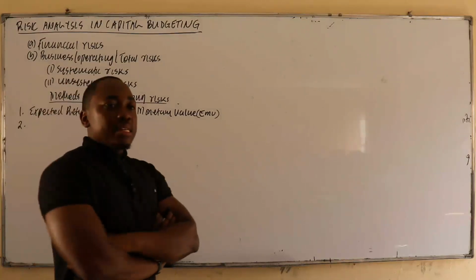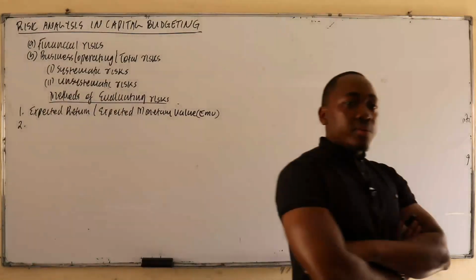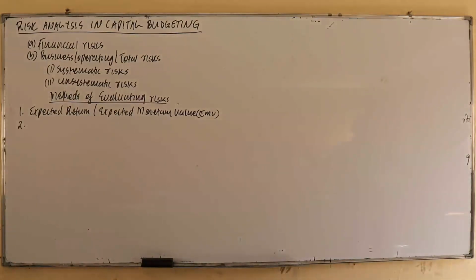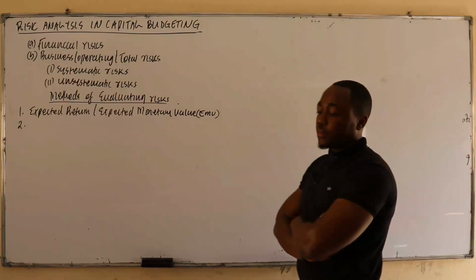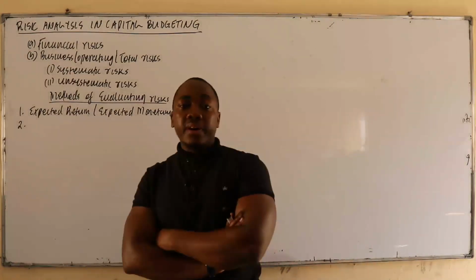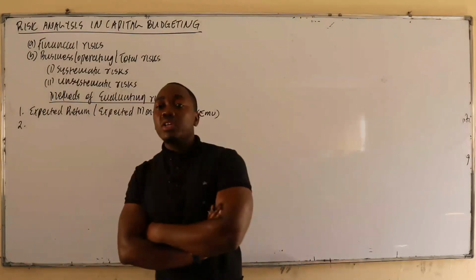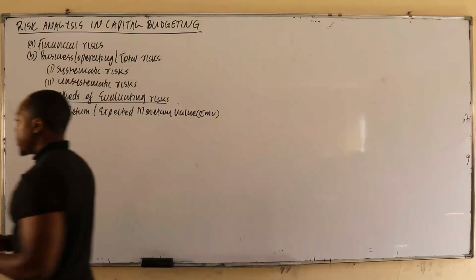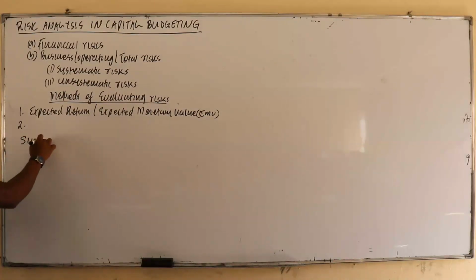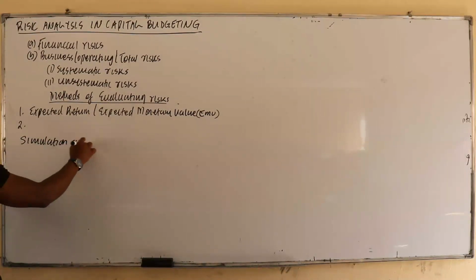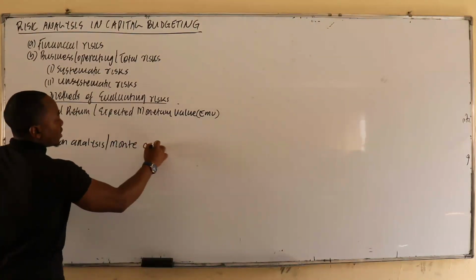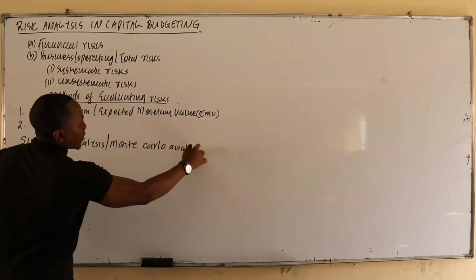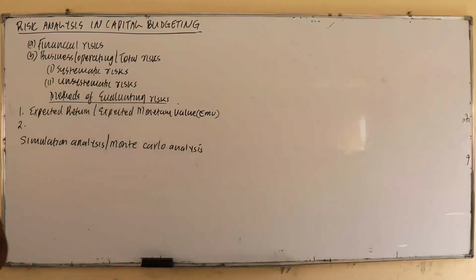Number four, certainty equivalent coefficient. Number five, simulation analysis, also called Monte Carlo analysis.